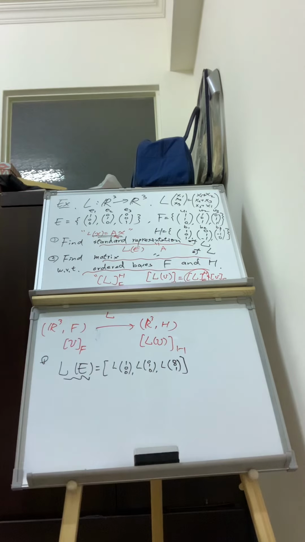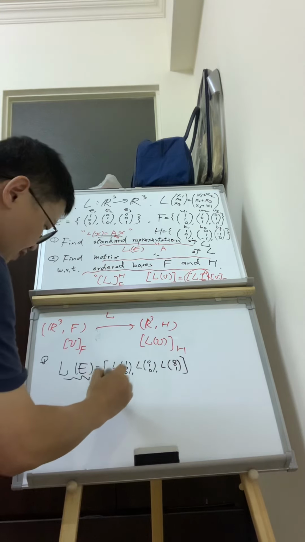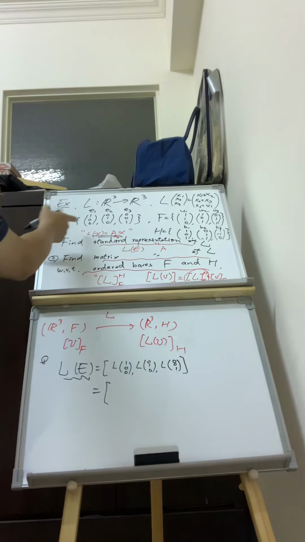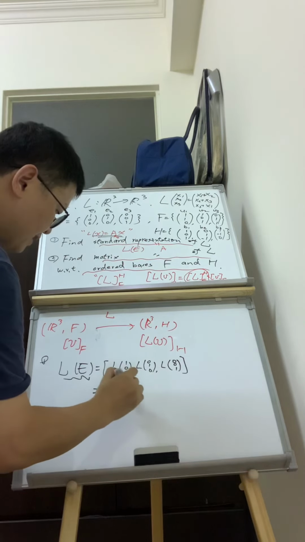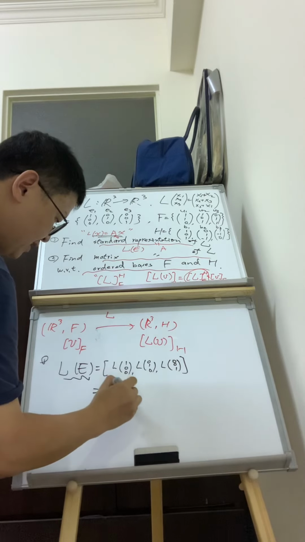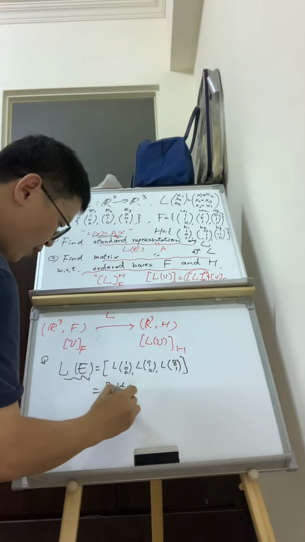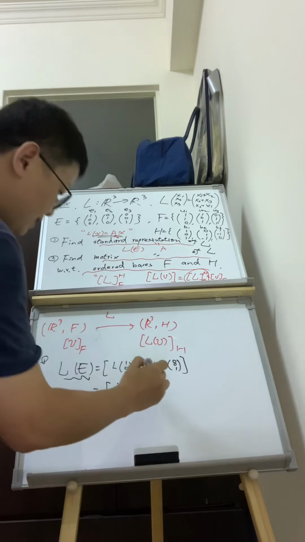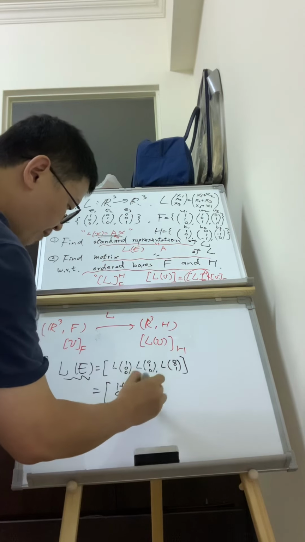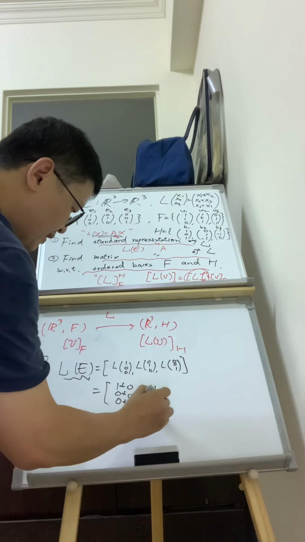For the first vector, L(1,0,0), once you plug in the values you get 1 plus 0, 0 plus 0, 0 plus 1 in the first column. The second column is 0 plus 1, 1 plus 0, 0 plus 0.